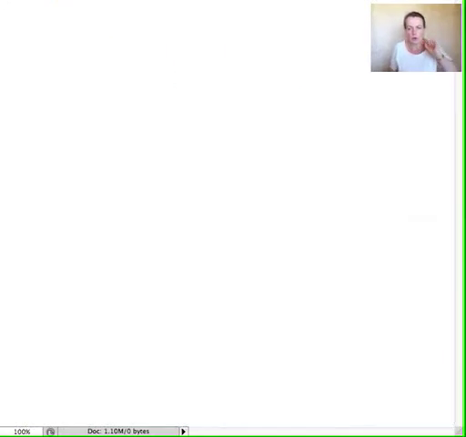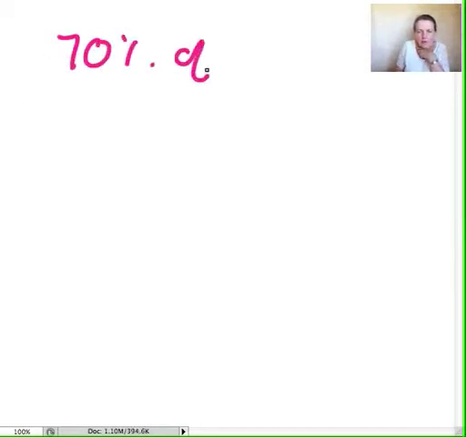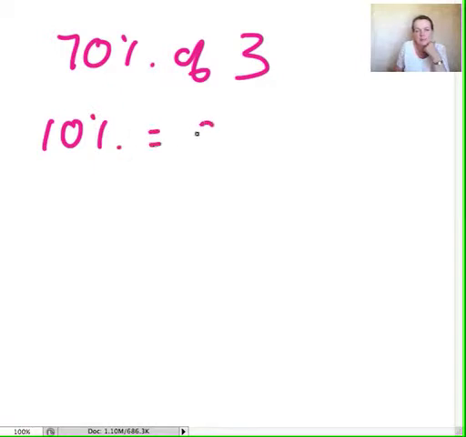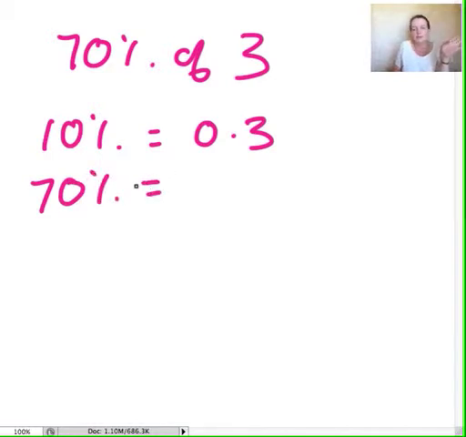Next one is 70% of 3. This time I'm going to find 10%, so move the decimal point this way. So 10% equals 0.3, and I want 70%, so if you multiply this side by 7, you multiply this side by 7.